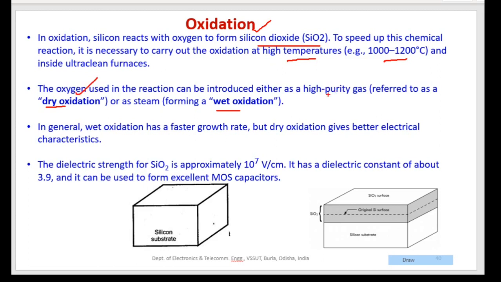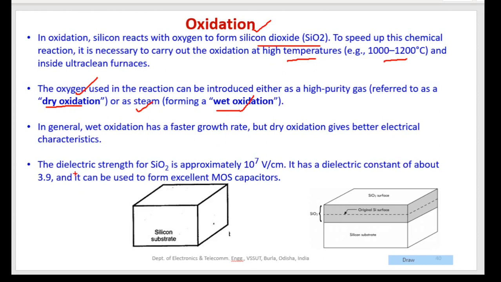And in wet oxidation we perform the oxidation of silicon wafers by passing steam, water vapor, over the wafers, because steam contains hydrogen and oxygen also. So the oxygen will react with the silicon to form SiO2, and hydrogen gas will be released separately. So there are two types of oxidation process: dry oxidation and wet oxidation.